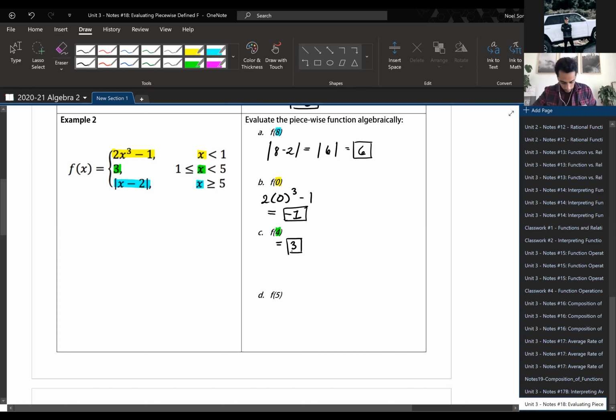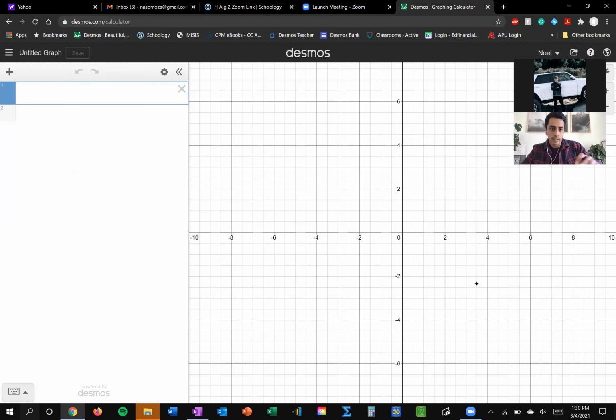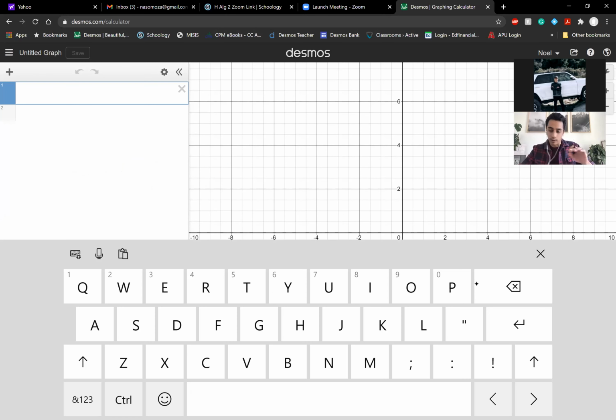And here's why. Let me show you on a Desmos graph. Let's say you were going to graph just the part f of x equals 3.